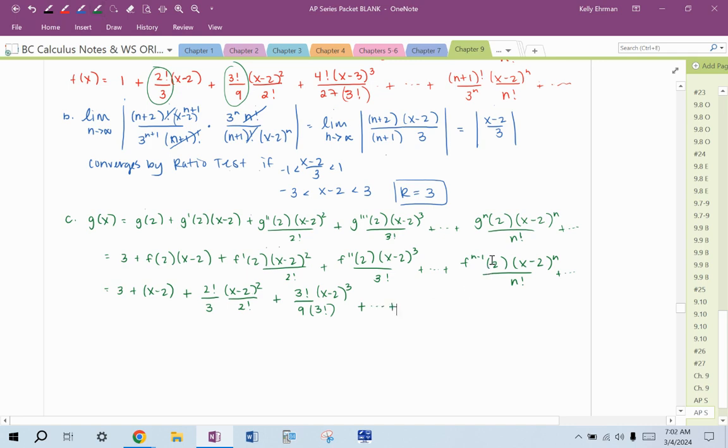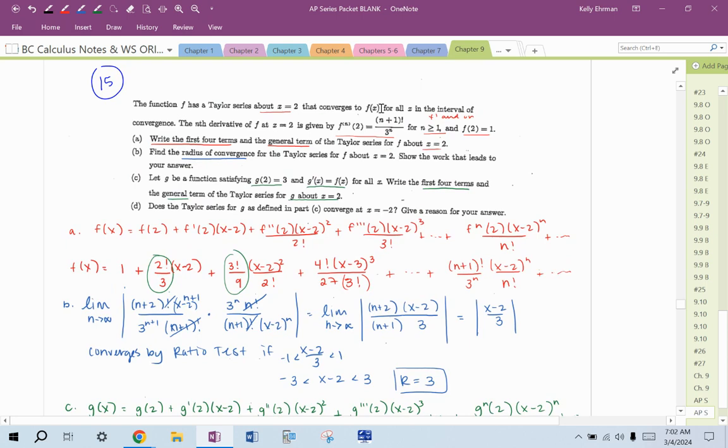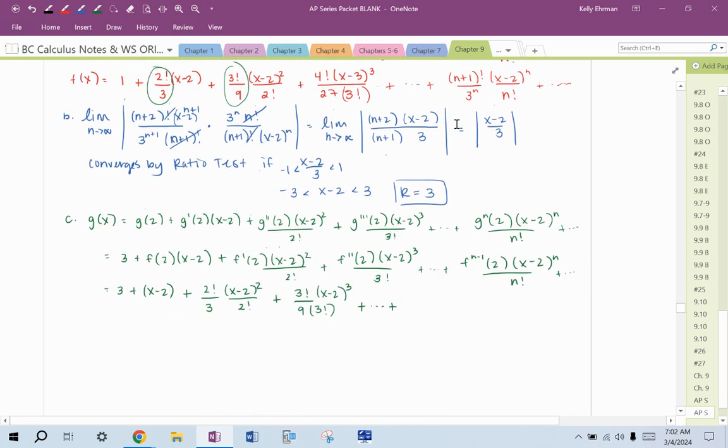Now the formula, I do want to plug in n minus 1 here. So instead of n plus 1 factorial over 3 to the n, it's n minus 1 factorial over 3 to the n minus 1 times x minus 2 to the n over n factorial plus dot dot dot.